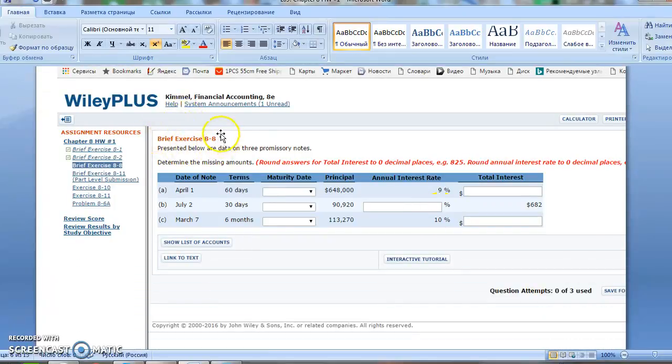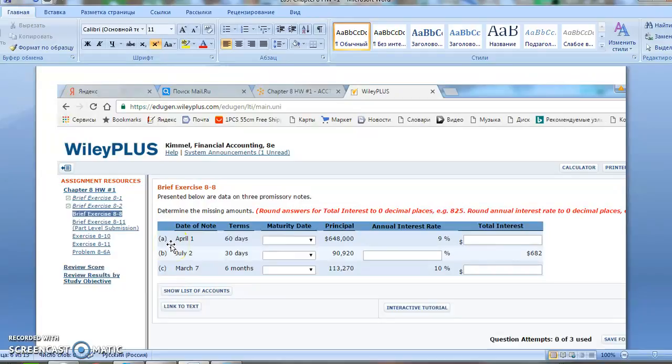In Brief Exercise 8-8, we have to determine the missing amounts on 3 promissory notes, represented in points A, B, and C. In point A, we first determine the maturity date for a 60-day note from April 1. We can easily calculate that it will be May 31, where, according to the rules, we exclude the first day or issue date of the note.